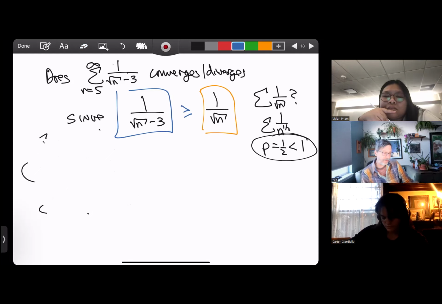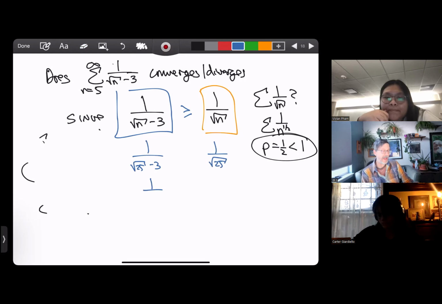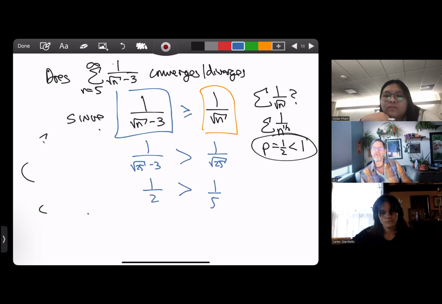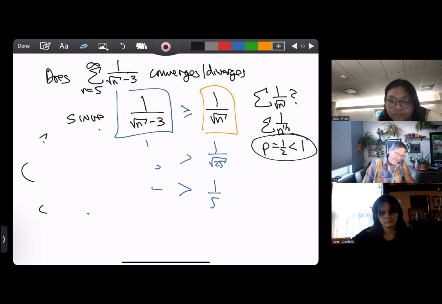Think about when n is 25. When n is 25, the thing on the left is the square root of 25 minus 3. This one over here is 1 over the square root of 25. So this one over here is 1/2, and this one is 1/5.